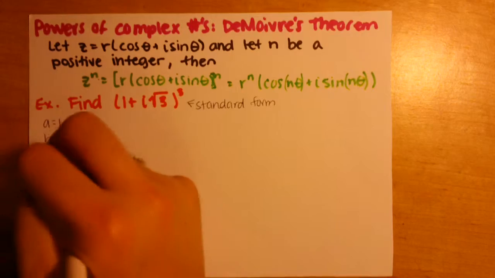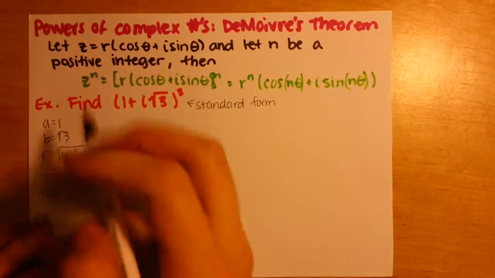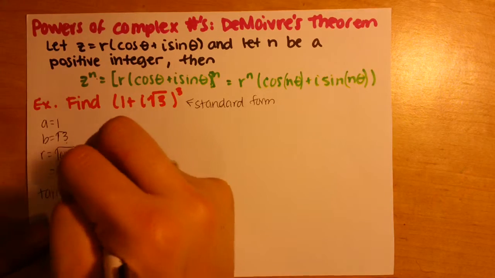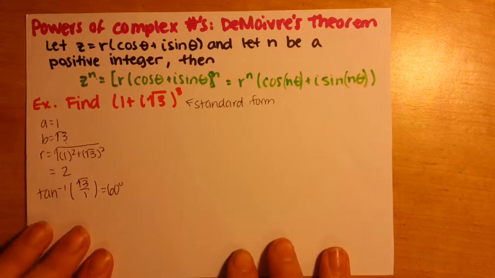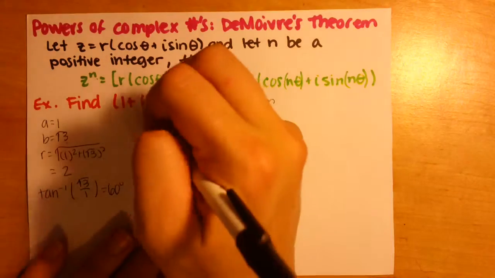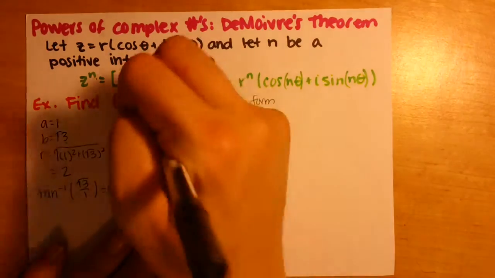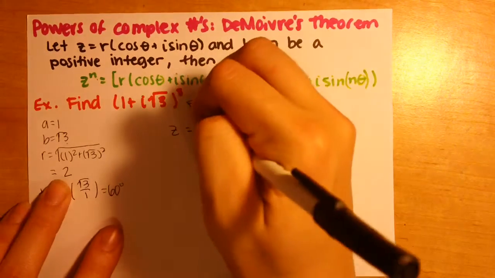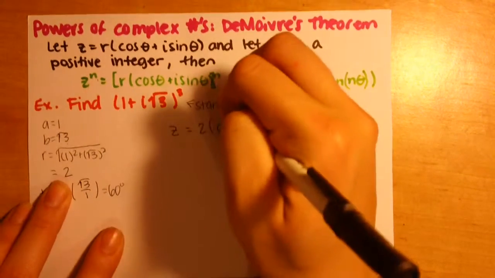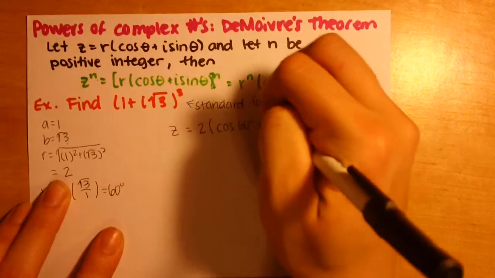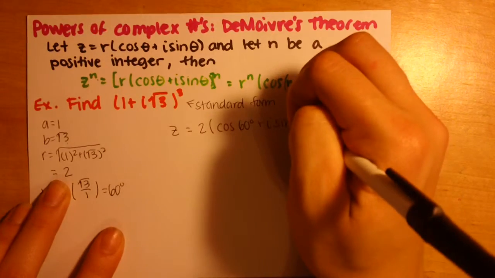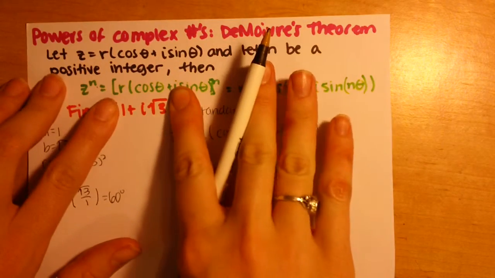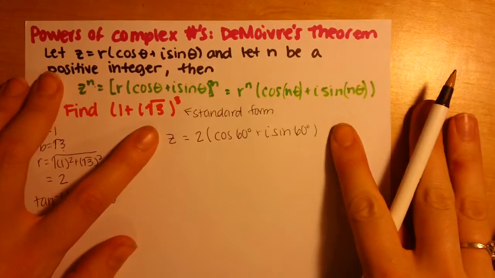The tangent inverse is b over a equals 60 degrees. So now I'm ready to use DeMoivre's theorem. So right now I have z equals my r, 2 times cosine of 60 degrees plus I sine of 60 degrees. Okay? So that's just this part right here. 1 plus I square root of 3 equals this.